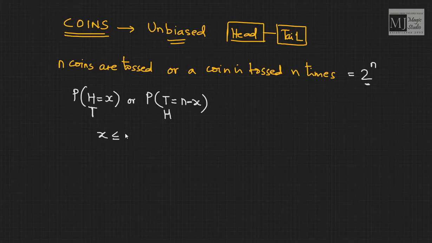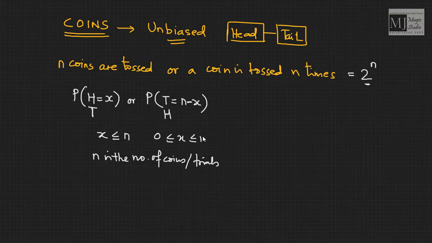So probability of getting x number of heads, obviously x should be less than or equals to n, where n is the number of coins or number of trials. The values of x will range from 0 to n.